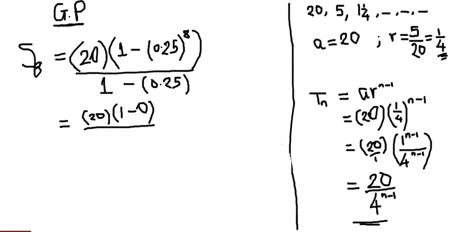Then on the denominator we have 1 minus 0.25, that is 0.75. So in short, on the numerator we have 20 times 1 minus 0 is 1, so 20 times 1 is 20 over 0.75.